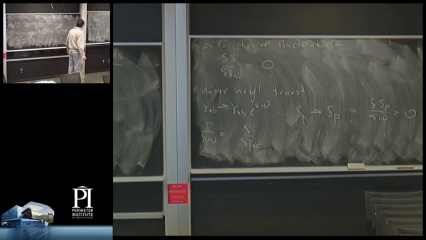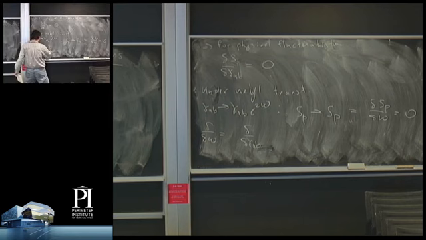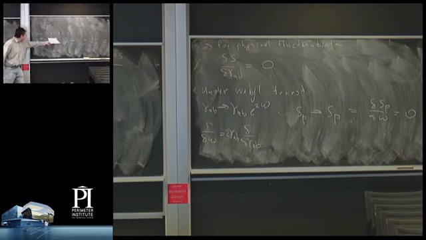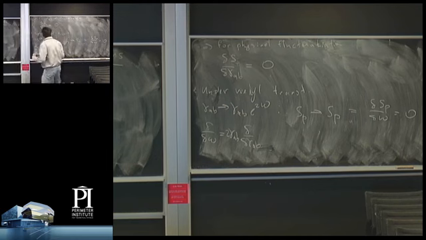And then I have to times 2γ_AB. Okay, is that clear? Because all I have to do, I just have to vary with respect to this. Okay, so very good.